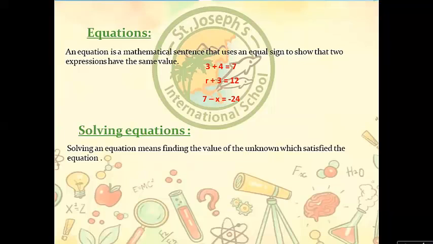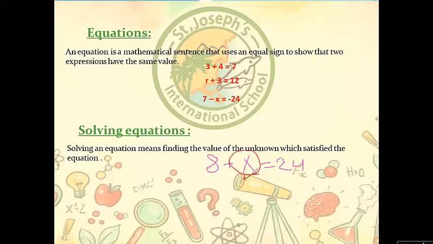Again, how can I solve equations? Solving an equation means finding the value of the unknown which satisfies the equation. What does that mean? If I have 8 plus x equals 24, solving the equation means finding the unknown, which is x.